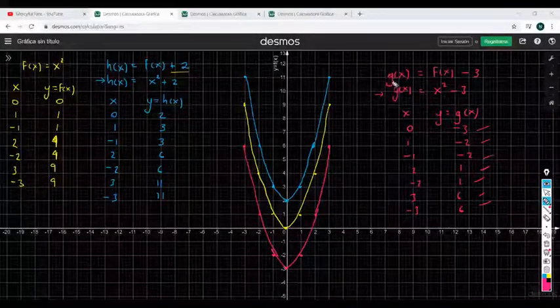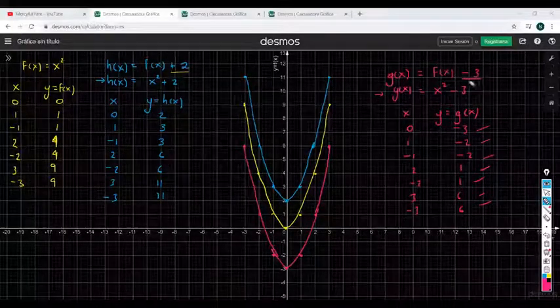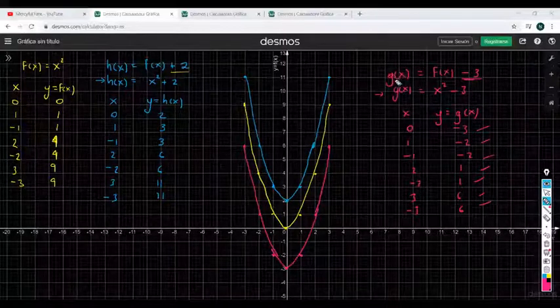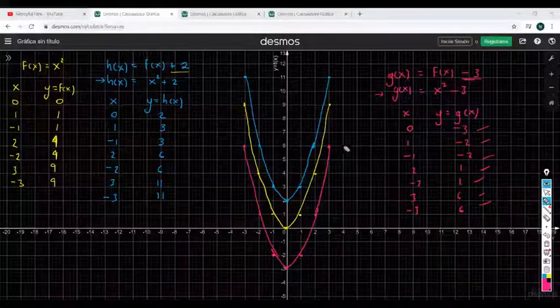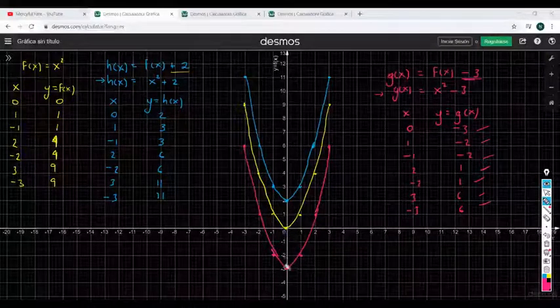Okay, so g being the same as f, but with the inclusion of this new constant, then the graph of g is basically the same as the graph of f, only displaced downwards, or shifted downwards, by 3 units. You see?